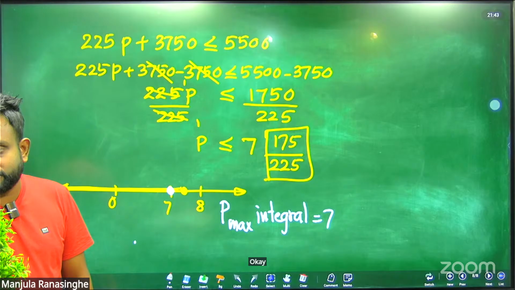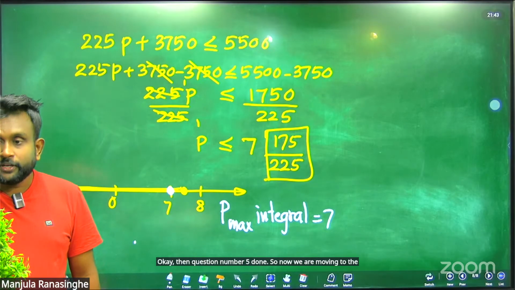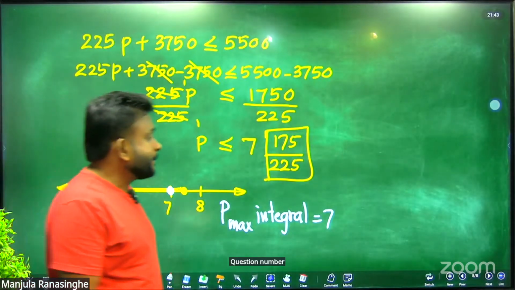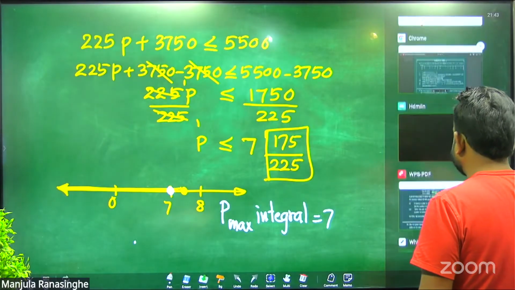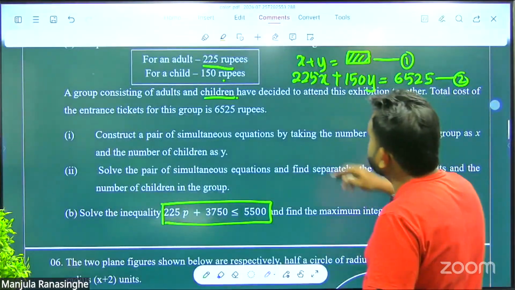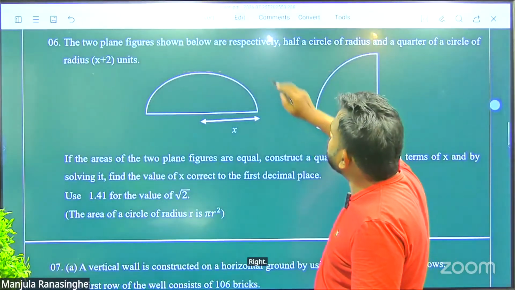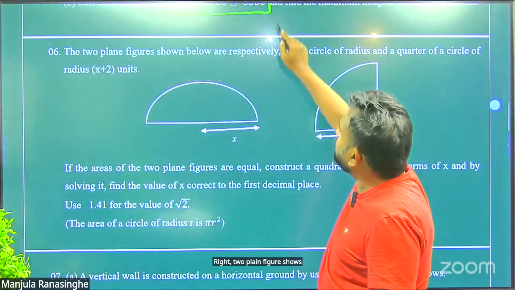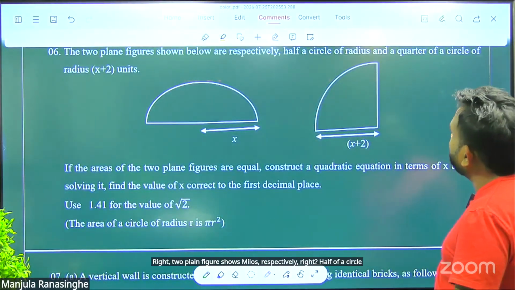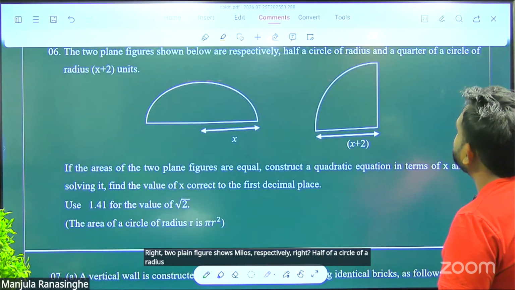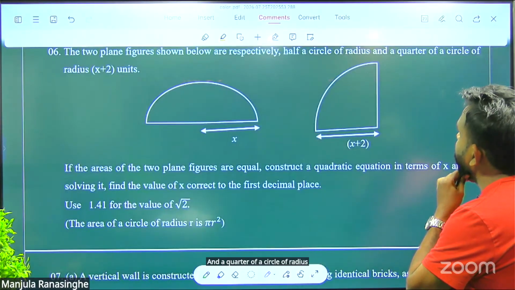Then question number 5 is done. Now we are moving to question number 6. Two plane figures are shown below: a half of a circle of radius x and a quarter of a circle of radius x plus 2.